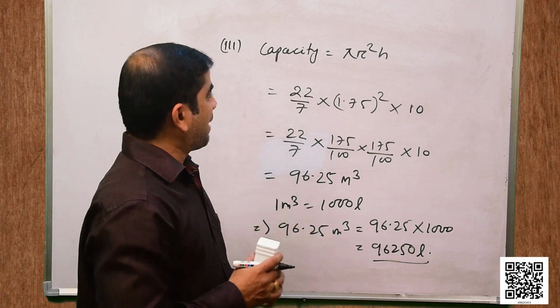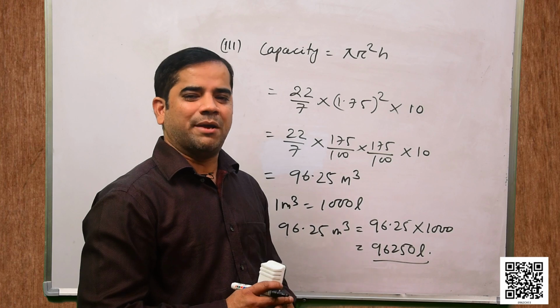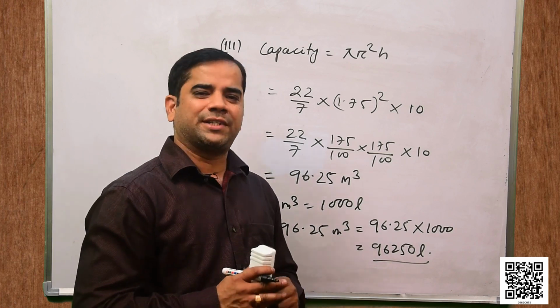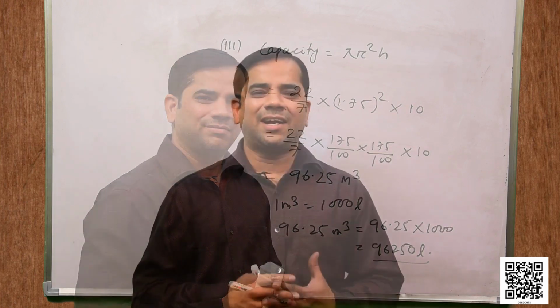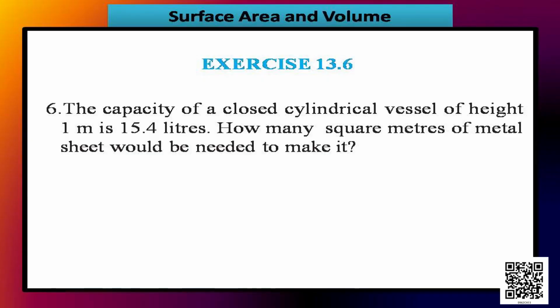So, the capacity of the vessel is 96250 liters. Hope you understand the solution for the question. Let us now discuss question number 6. It says the capacity of a closed cylindrical vessel of height 1 meter is 15.4 liter. How many square meters of metal sheet would be needed to make it? Okay, let us now discuss the solution.